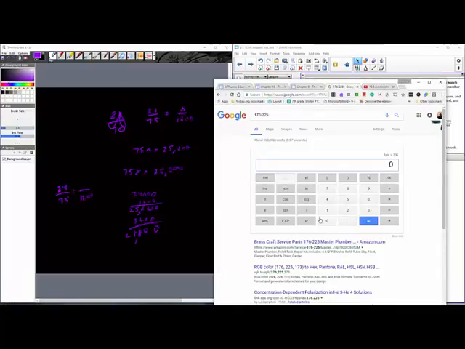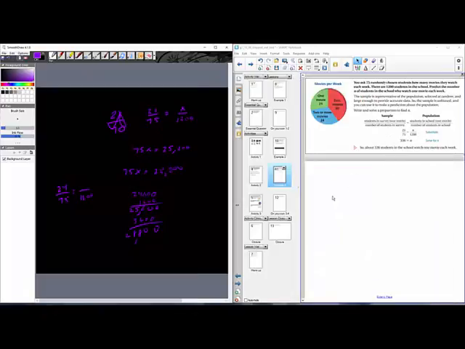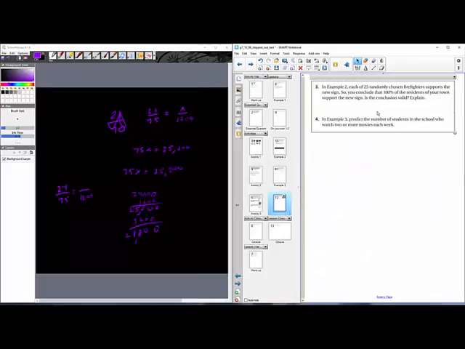Let's just quickly make sure my math was right. 24 times 1,200 is 28,800, good. And I divide by 75, and that equals 384. So this should be 384 for this one, and it's biased because they're all firemen. So 384. That is really the lesson today.